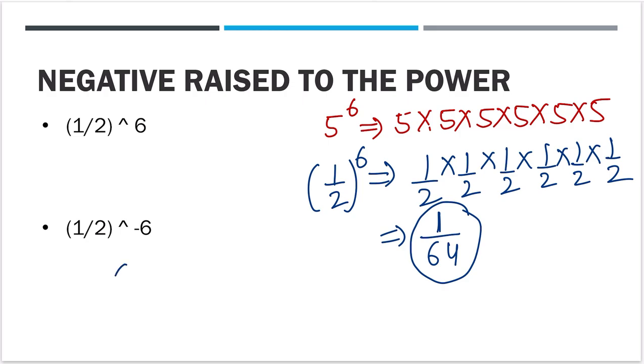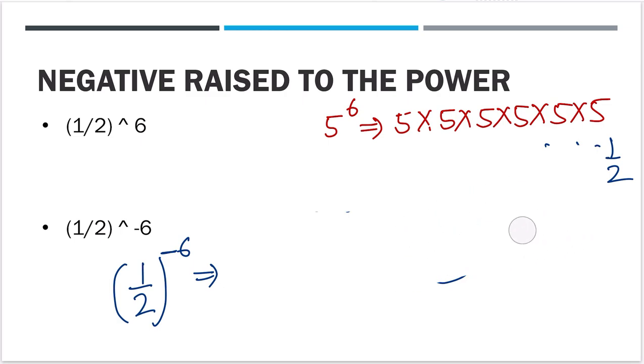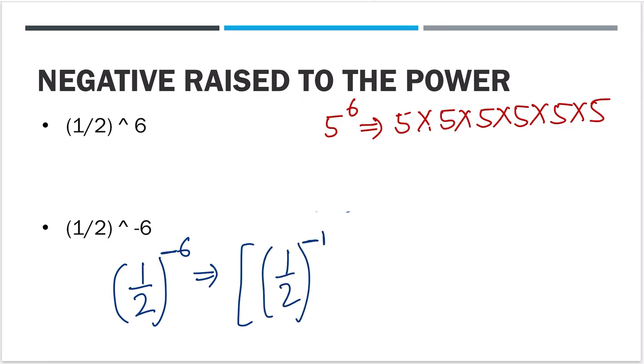What is negative power? If someone asks you what is 1 by 2 raised to power minus 6, see, this can be written like this. 1 by 2 raised to power minus 6 can be written as 1 by 2 raised to power minus 1, and then a bigger power of 6. I hope this is clear.